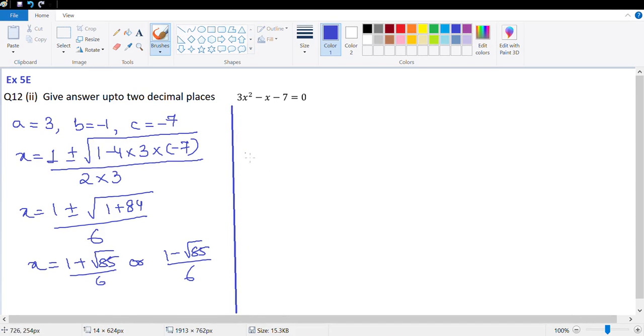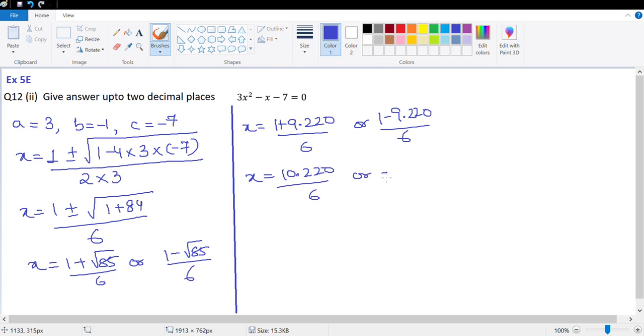From the square root table, the value of root 85 is 9.220. That's 1 plus 9.220 upon 6 or 1 minus 9.220 upon 6. So x is equal to 10.220 upon 6 or negative 8.220 upon 6.